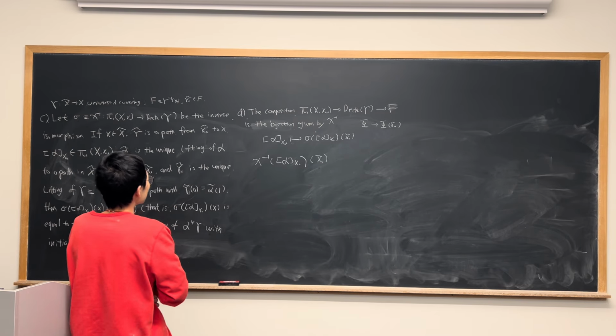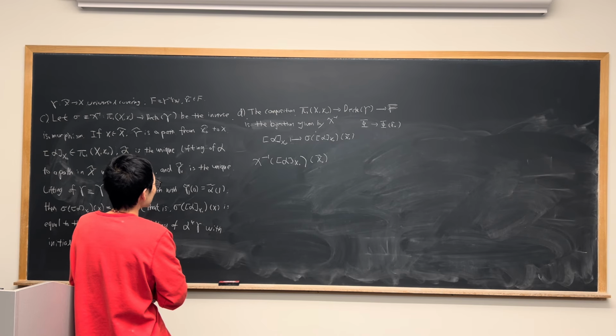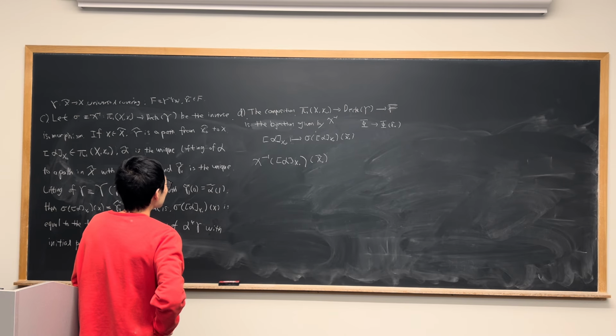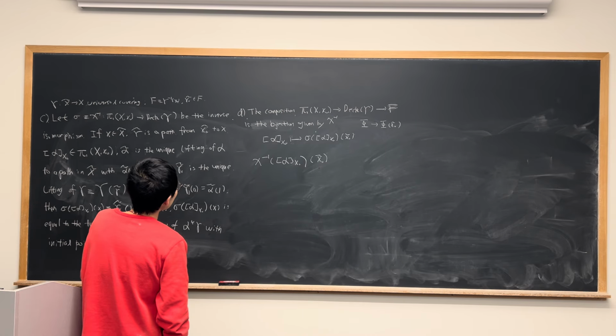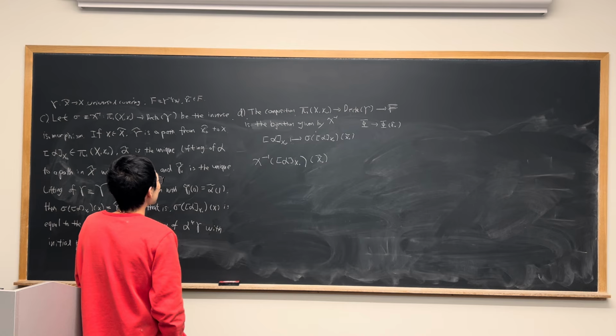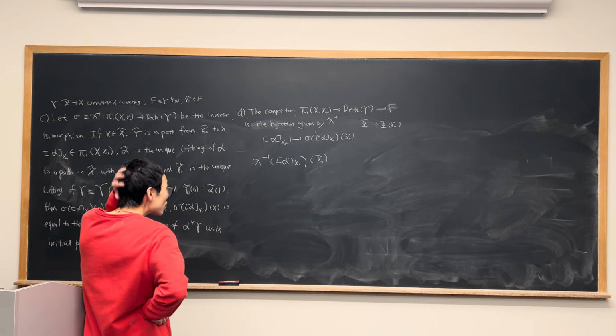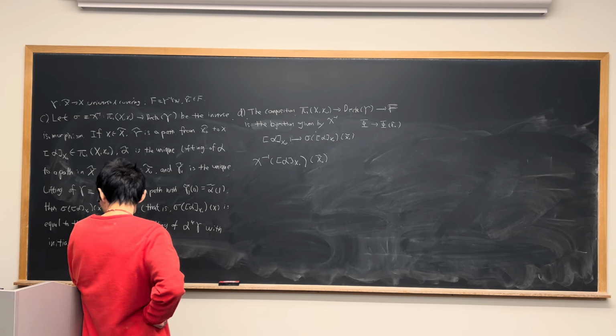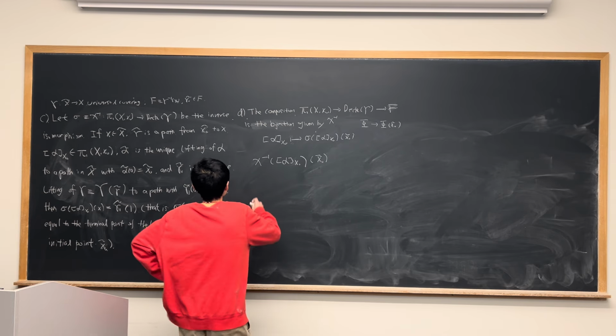Because by definition, this sigma is just the alpha inverse, and then by definition, this map deck goes to f, this phi goes to phi of x naught tilde. I don't think there's anything to show here.